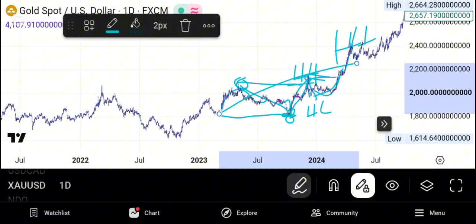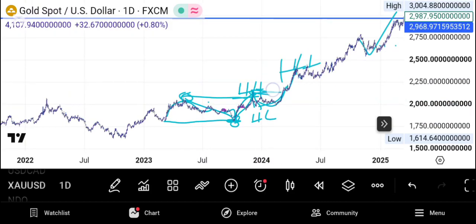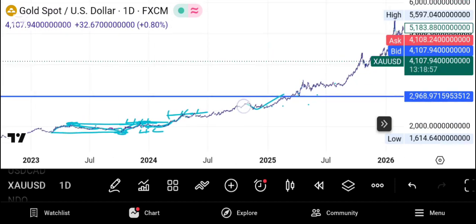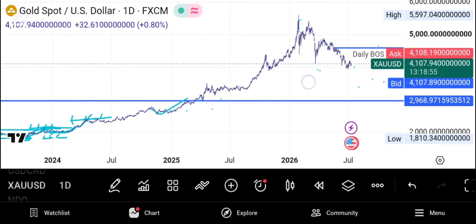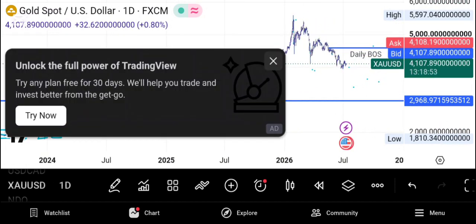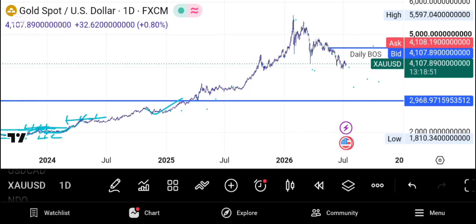That means that if you want to wait for external structure movement, you will have to be waiting for almost 4 months now. You will not be able to trade the market at all. So you need to understand the two. Even though one is difficult and one is simple to trade, you still need to understand the two structures very well, so that you can be profitable in the industry.